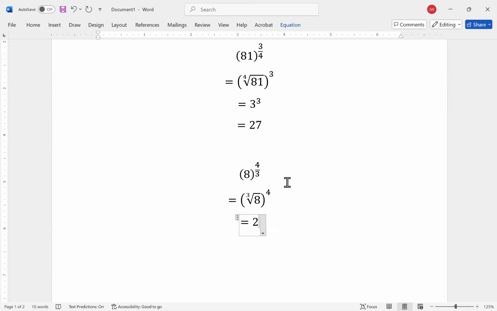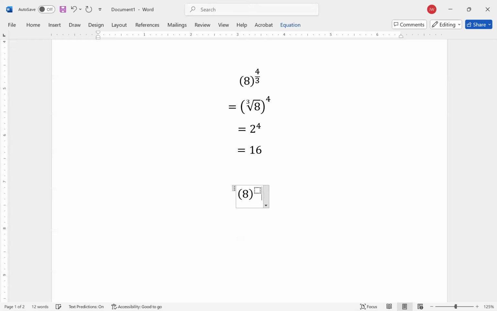Now, this is not the only way you could have done this problem. But if you do it the other way, then you end up getting some bigger values that you have to work through. So for instance, if I took 8 and raised it to the 4/3 power, and I did it the other way, meaning I take the 3rd root of 8 to the 4th, what I'd have to do is calculate 8 to the 4th first, which is 4,096.